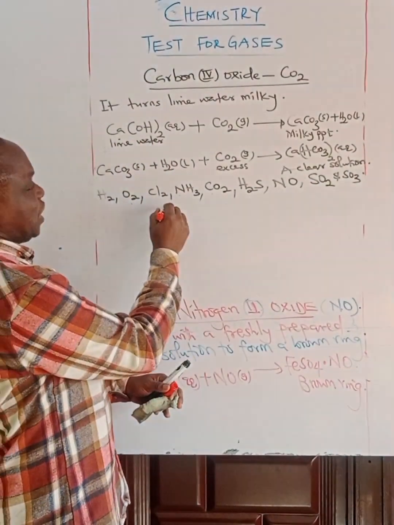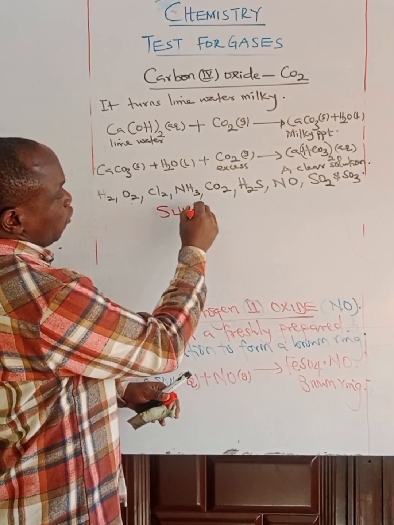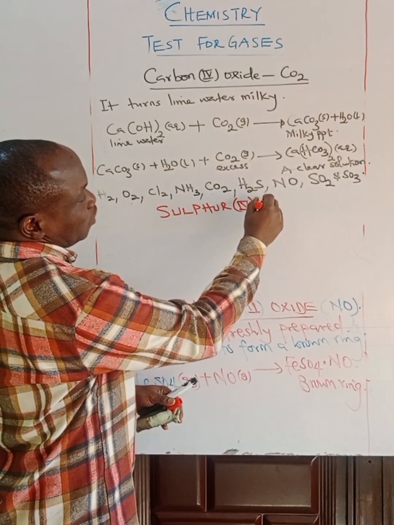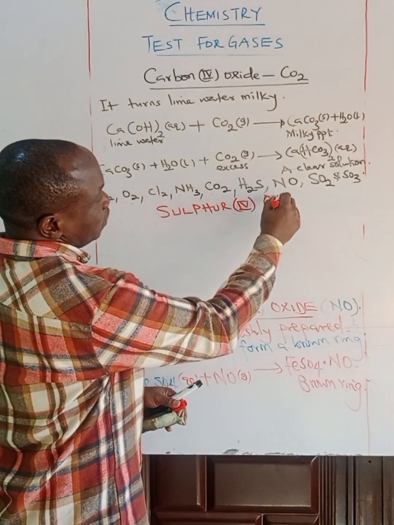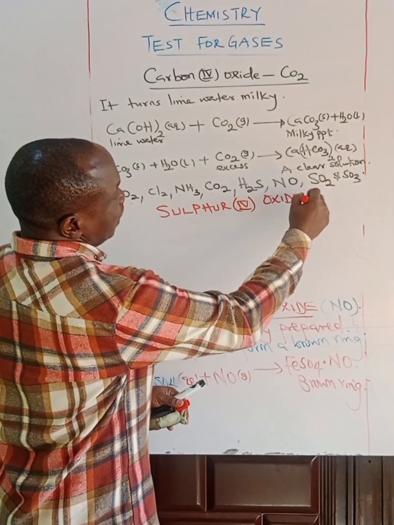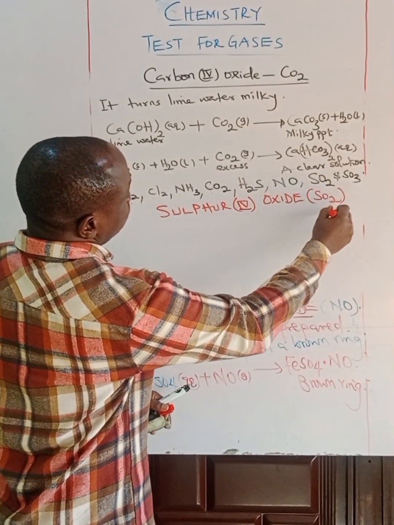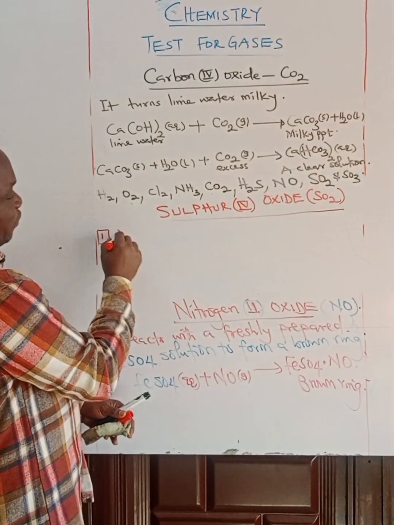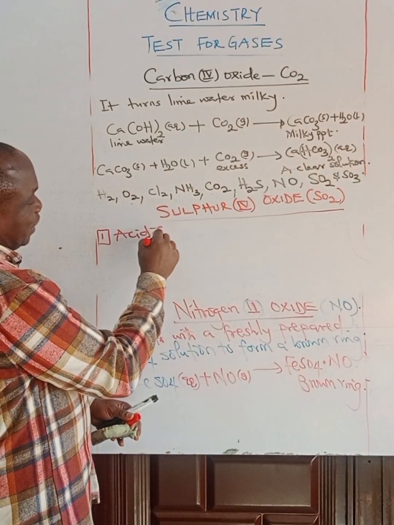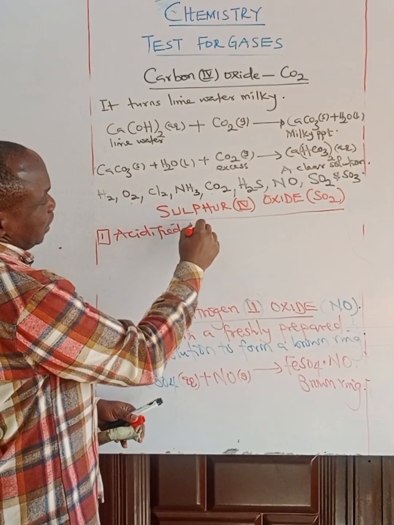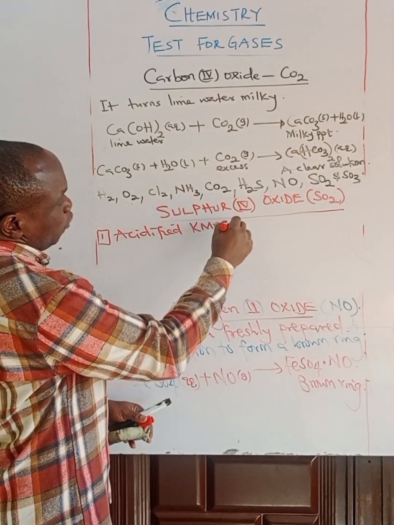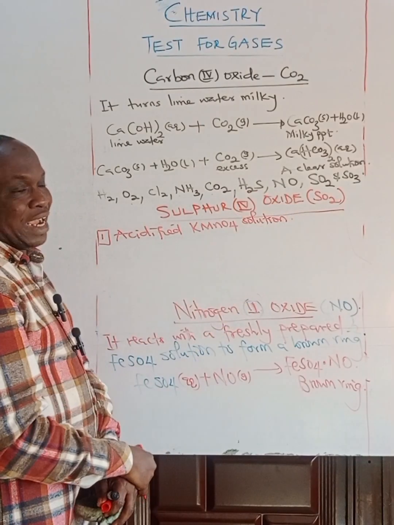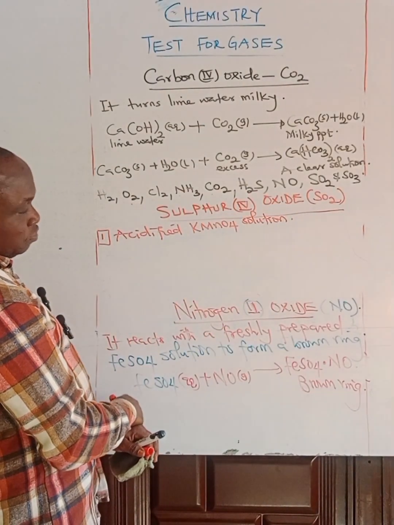Under sulfur(IV) oxide and sulfur(VI) oxide, for sulfur(IV) oxide, SO2, you can use acidified KMnO4 solution, which is decolorized by SO2.